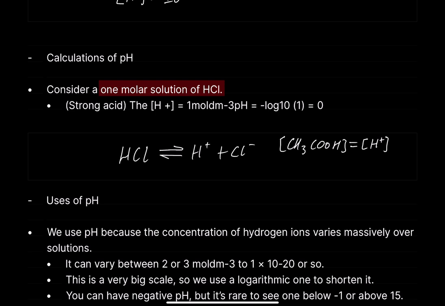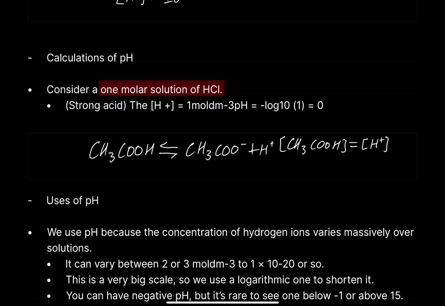If I was to write this equation here, CH3COOH, with a reversible reaction sign, this is the dissociation, right? This is a weak acid, so it's not a strong acid.